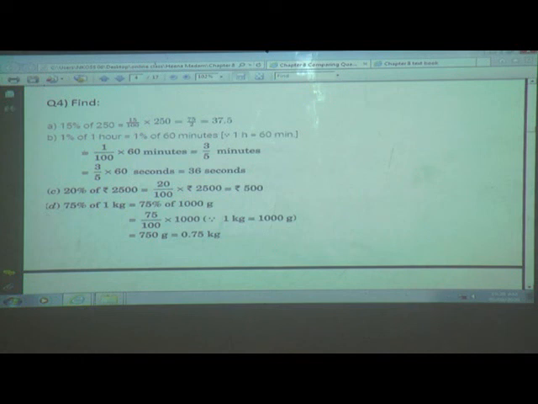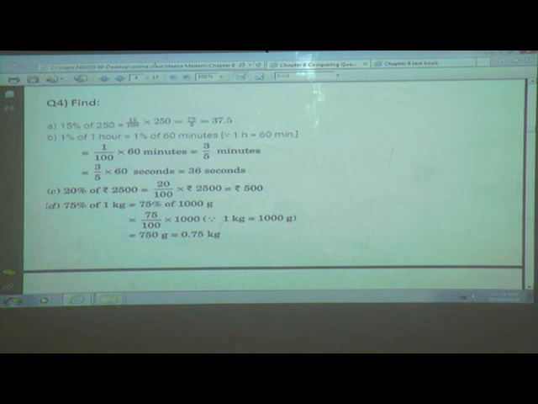Now, 75% of 1 kg, if it is wheat or rice, what will be the 75%? It is nothing but 0.75 kg, or we can say it is 750 gram. What will we do? Again we write 75% as 75 upon 100, multiplied by 1000, because 1 kg is equal to 1000 gram.